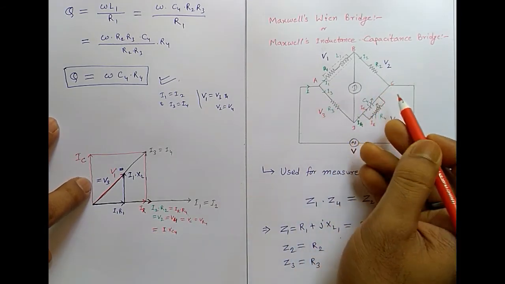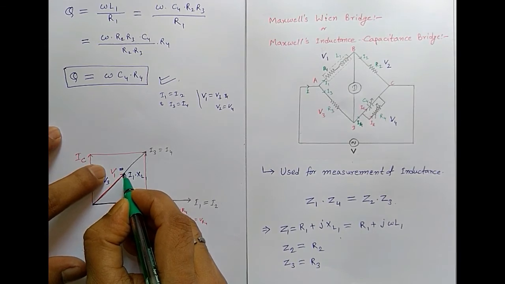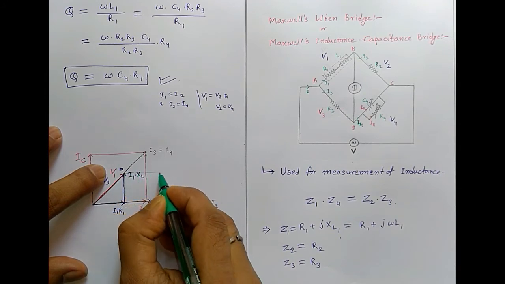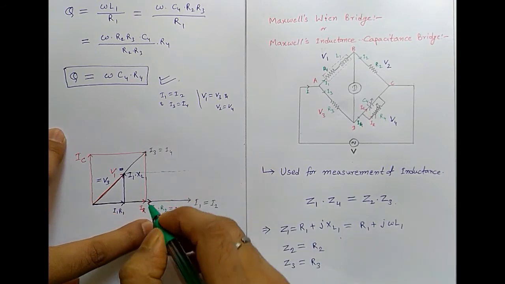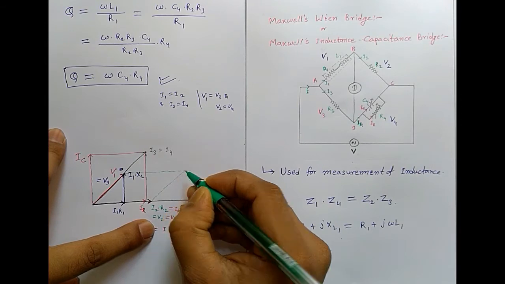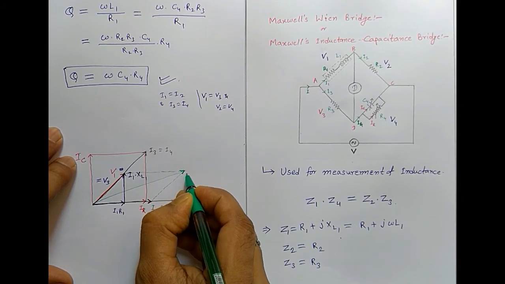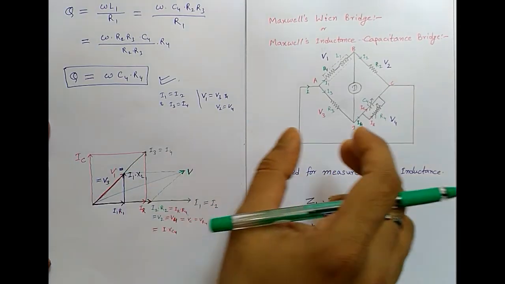Obviously V1 plus V2 gives us net V. So we have to draw a parallelogram with V1 and this voltage, and this gives us voltage V. This is the net resultant V, and this is the complete phasor diagram of the whole Maxwell's Wien bridge.